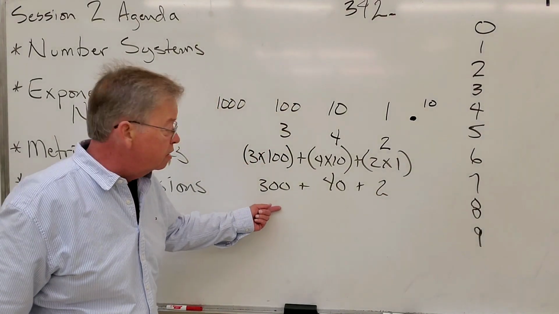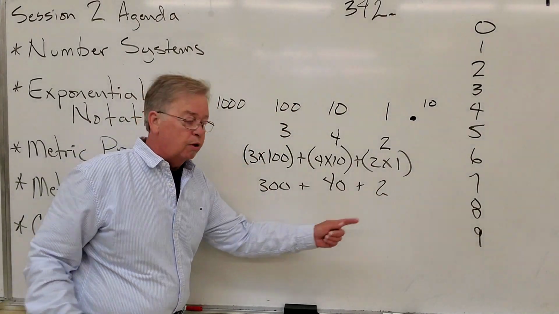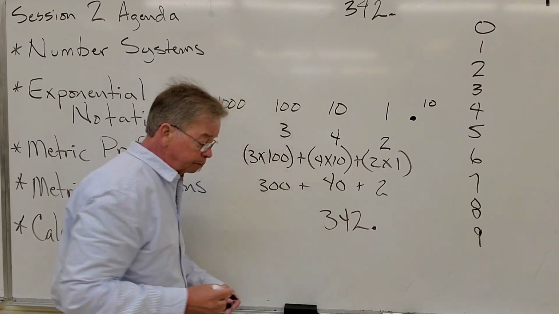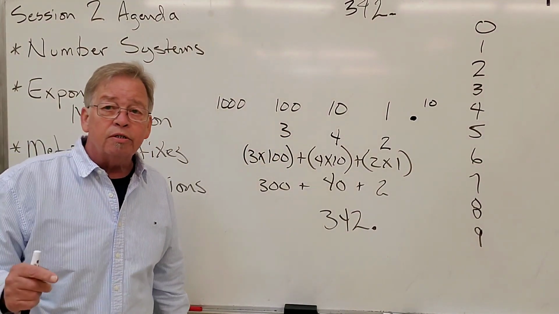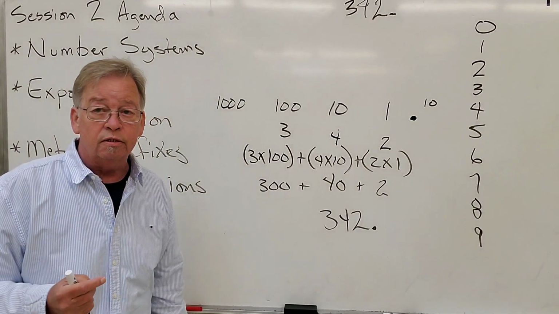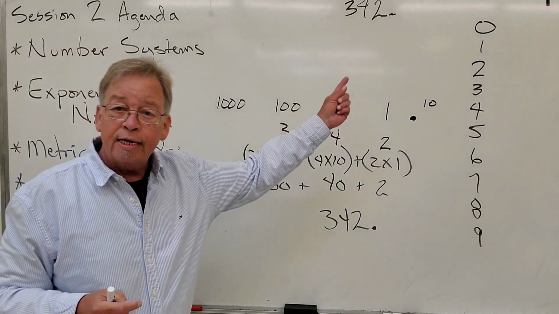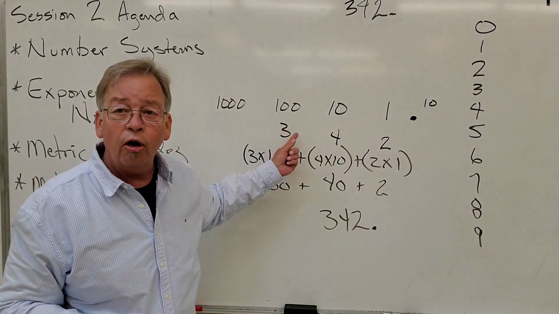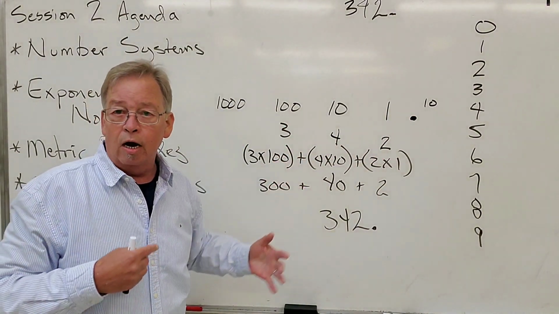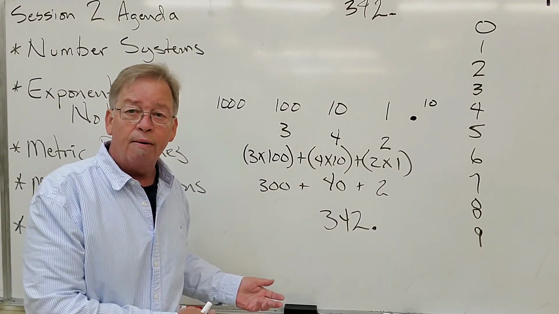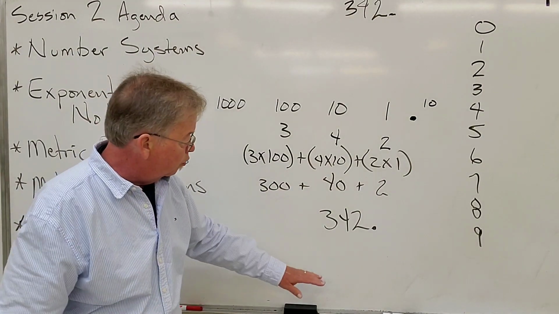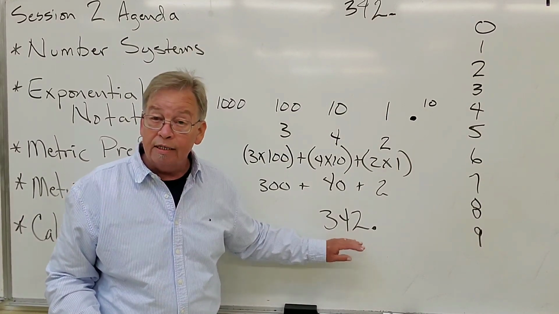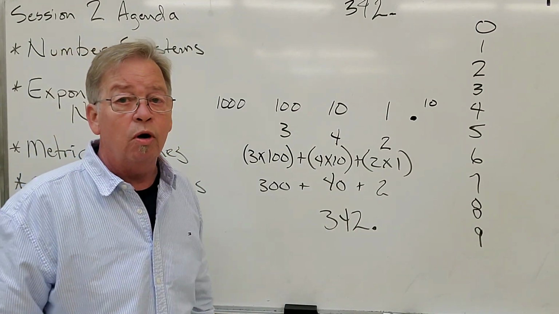And if I add these up, 300 plus 40 plus 2, that gives me 342. So our decimal number system, based on the number 10, has 10 digits, and it's used as a multiplier for determining column weights. And along with the symbols and the column weights, we can represent any quantity that there is. And that's the way our decimal number system works.